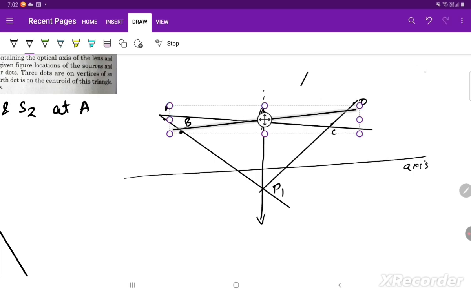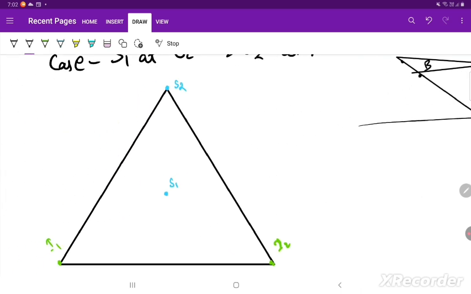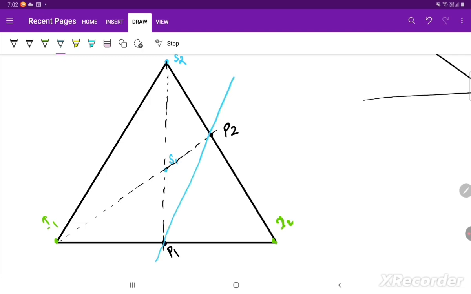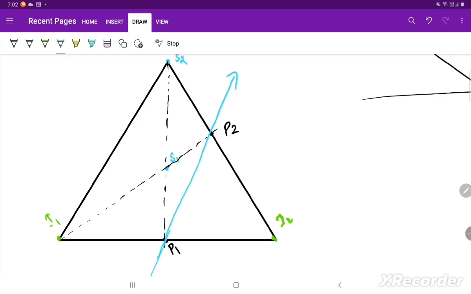The diagram is not to scale, which is why it doesn't look like it, but it actually intersects the lens system. So I'll get some point P2. The same thing applies in this problem. The line joining S1, S2 and the line joining I1, I2 give me point P1. The line joining S1, I1 and the line joining S2, I2 give another point P2. Hence, this will be the plane of my lens.